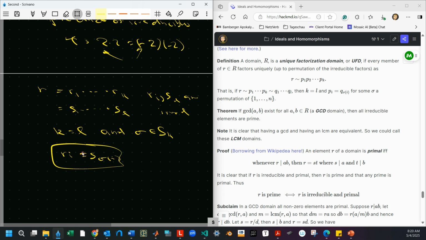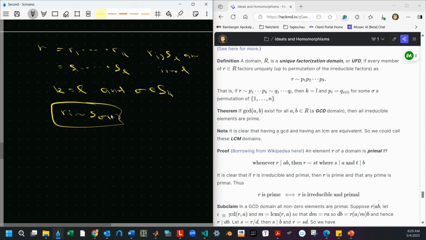Sorry, not equals, this is important too. These are associates. So first of all, these two sequences have the same length, and we can rearrange them so that everything here is an associate of the thing across from it. So that's what it means to have unique factorization. It's unique up to order and being associates, right?